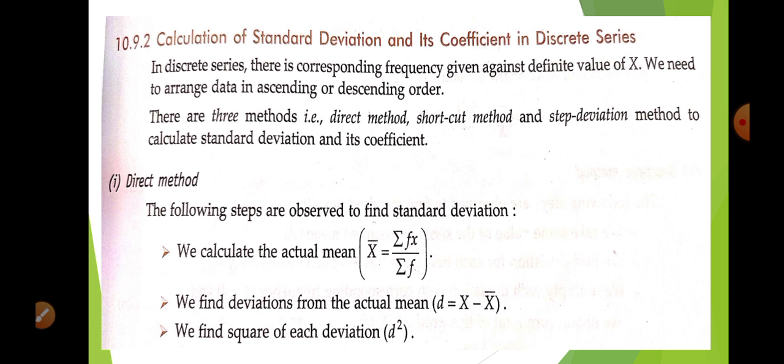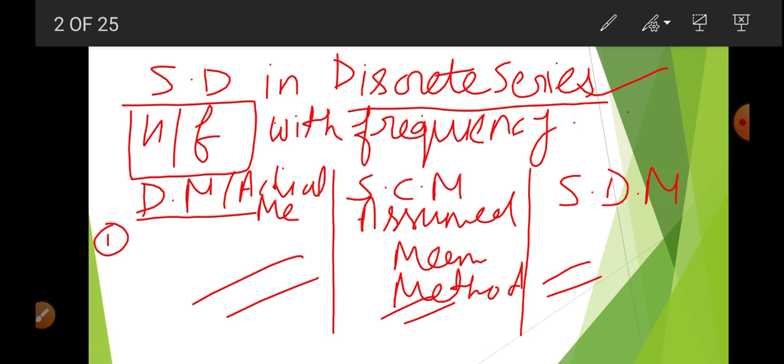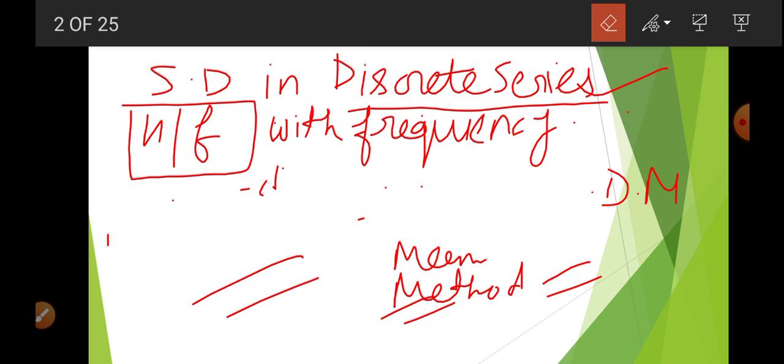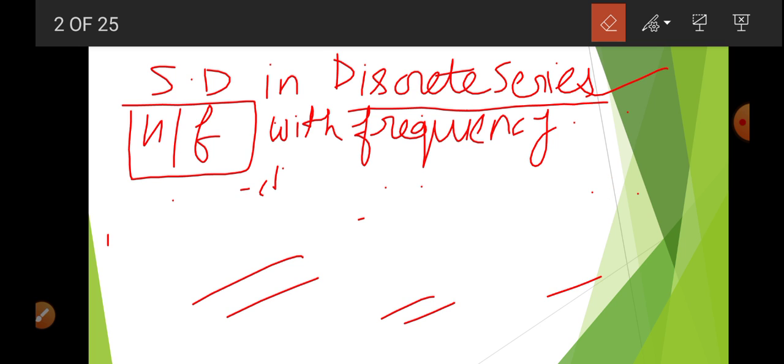First of all, calculation of standard deviation in discrete series by direct method. Okay, so if I explain in very easy language, in direct method, I told you, it is known as actual mean method.